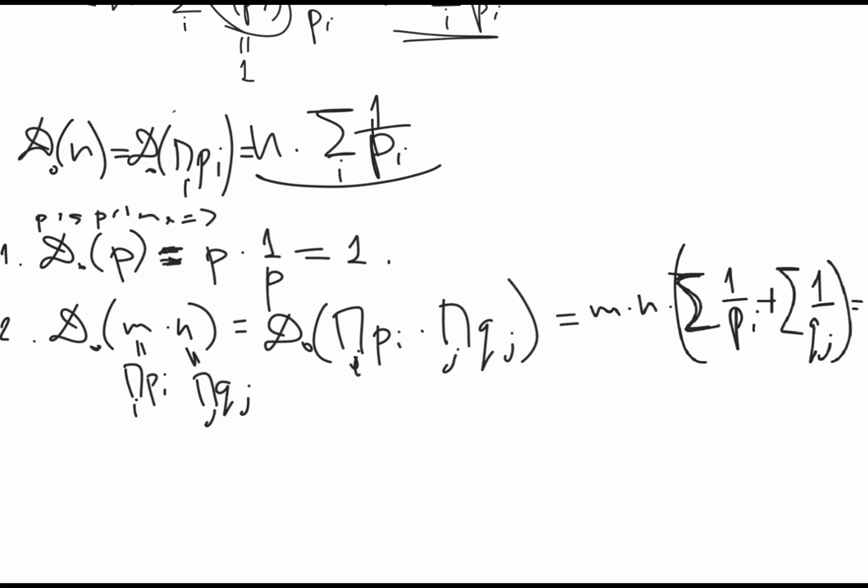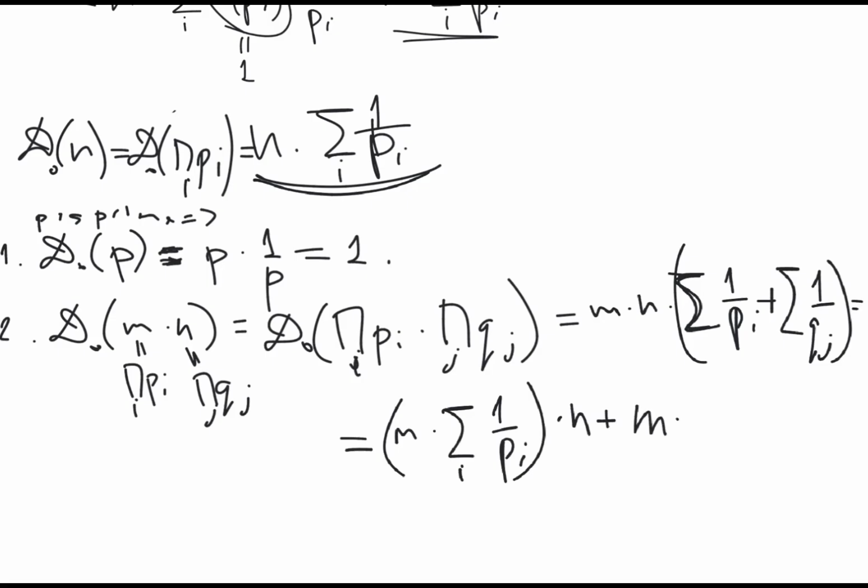So this is the definition, and now we can expand and simplify this. Notice that we can write m multiplied by the sum of 1 over pi, multiplied by n, plus m multiplied by n multiplied by the sum of 1 over qj over j.